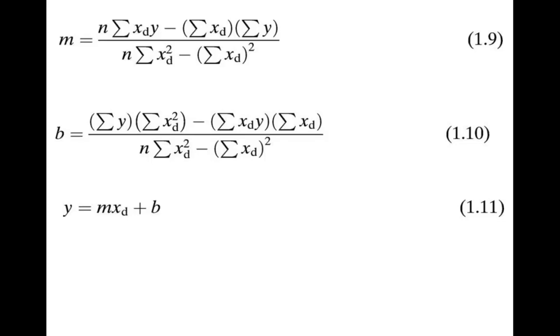So basically applying these two for each value of x gives you m and b that will give you a best fit line.